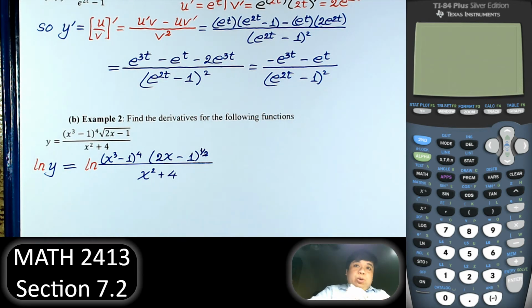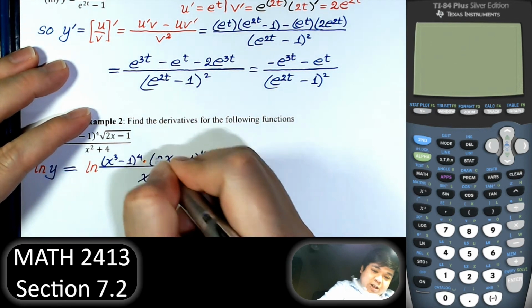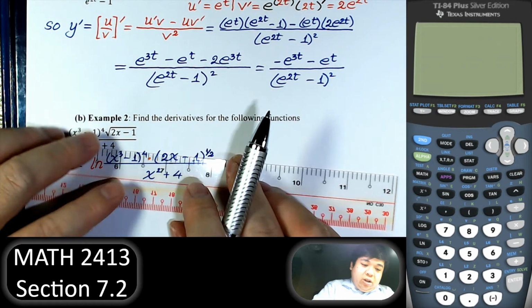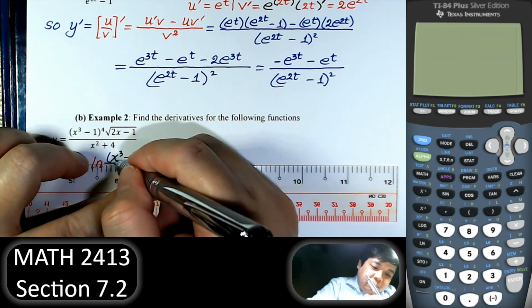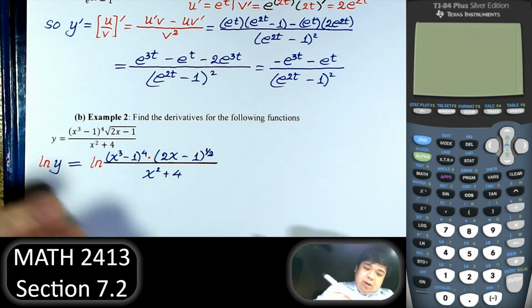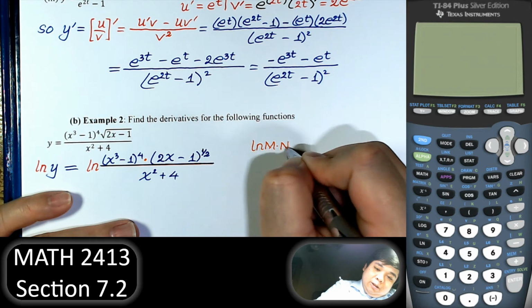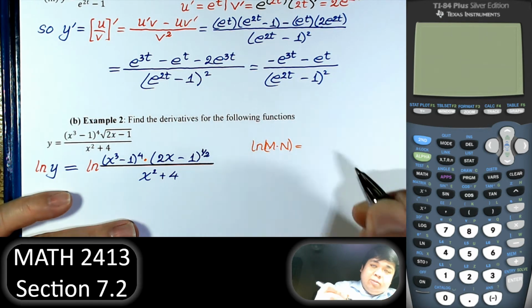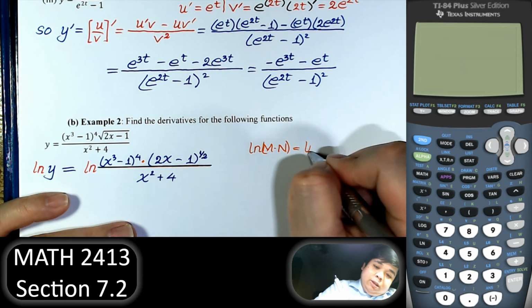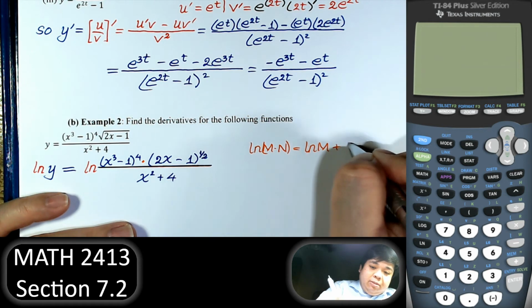The reason we do that, because here we have a product and we have the quotient. If it is a product, we can turn that into a sum.